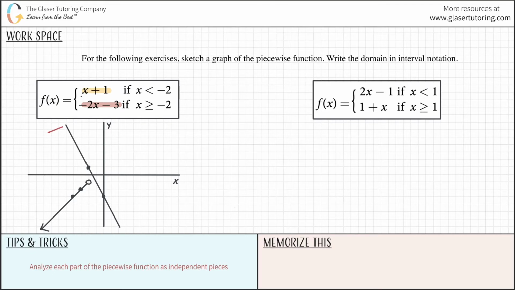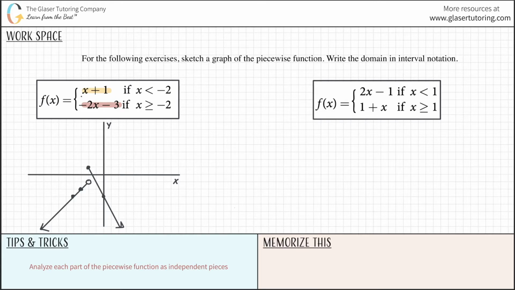Should I have written in this whole part here? No, I cannot write this whole piece. Why? Because x has to be greater than -2. All of these points to the left of this one are all less than -2. So really what I need to do is erase this part of the line. It has to start right there at x is equal to -2, and it will continue on indefinitely on over to the right. Okay, so this is the graph.